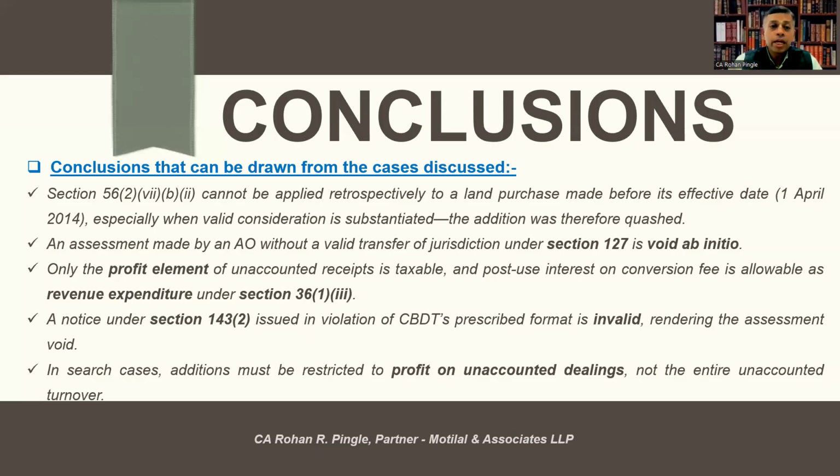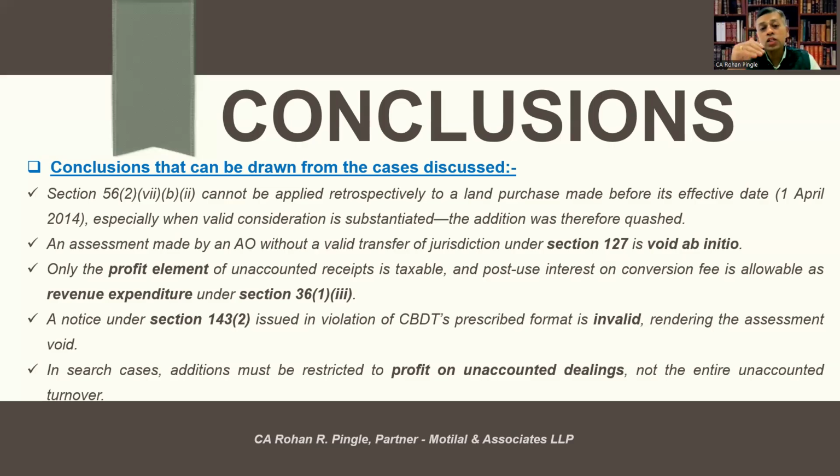An assessment made by an AO without a valid transfer of jurisdiction under Section 127 is void ab initio. Only the profit element of unaccounted receipts is taxable, and post-use interest on conversion fee is allowable as a revenue expenditure under Section 36, subsection 1, clause 3.